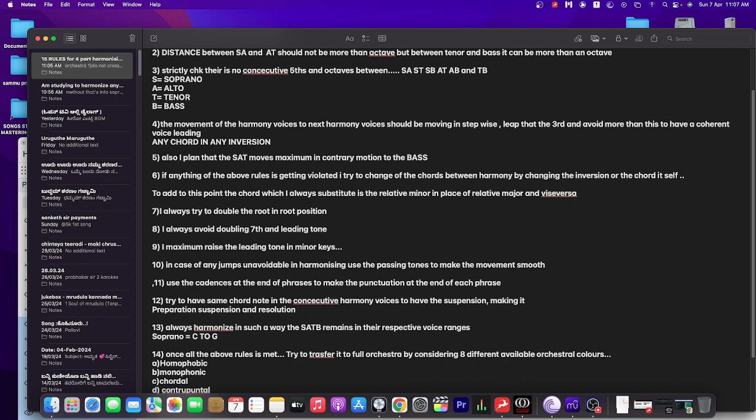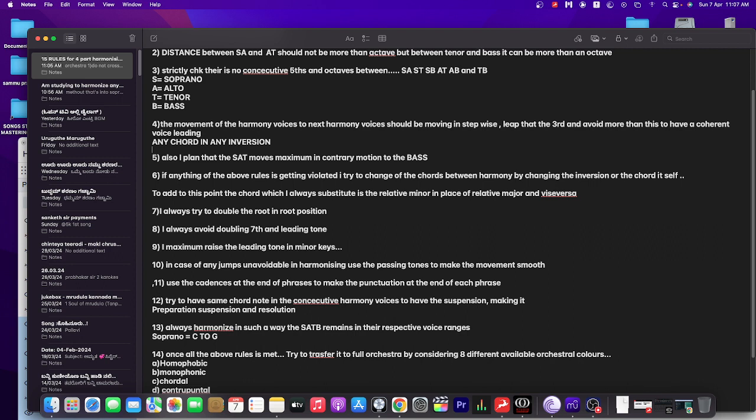So you can add a relative minor or relative major and vice versa. That comes in a future point also. So if any of the above rules is getting violated, I try to change the chords between harmony by changing the inversion or the chord itself.